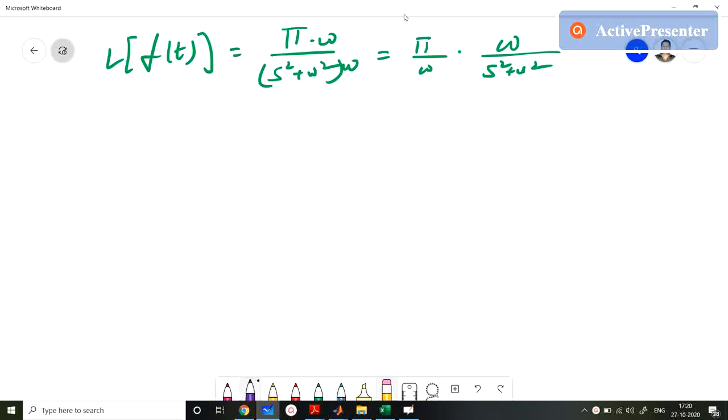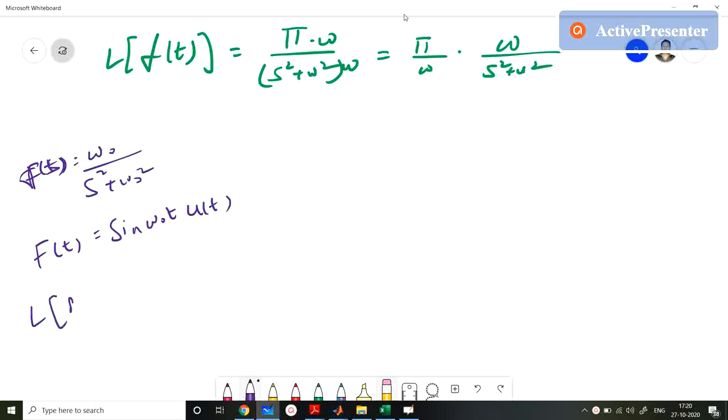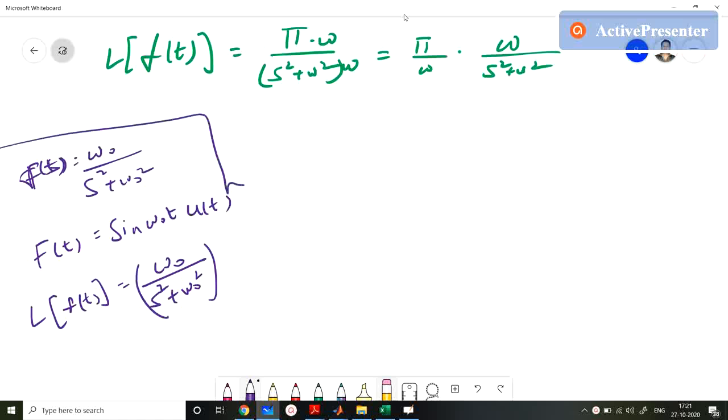We can use the relation: if F(s) is omega naught divided by s square plus omega naught square, then f(t) is sin omega naught t into u(t). So the Laplace transform of sin omega naught t into u(t) is omega naught divided by s square plus omega naught square.